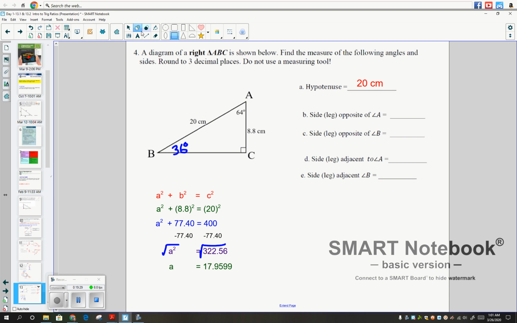Remember, with rounding, I always look at the third number. I want to round to 3. What's the number after it? Which is this 9, the second 9 here. If that number is a 5 or bigger, it tells me to round up. So I'm going to add 1 to the 9, which becomes 10, which actually will end up making this 17.96.